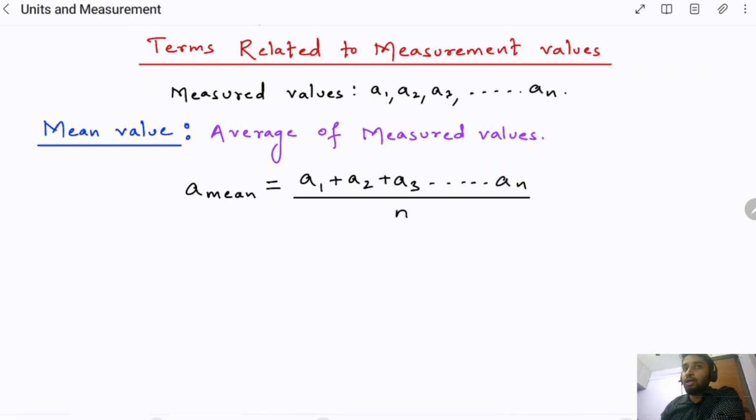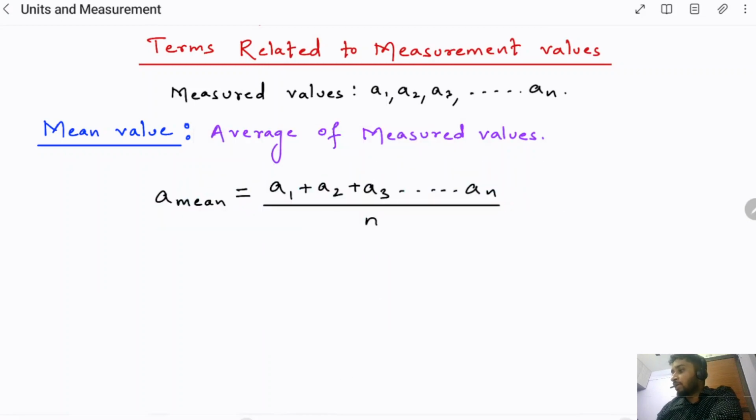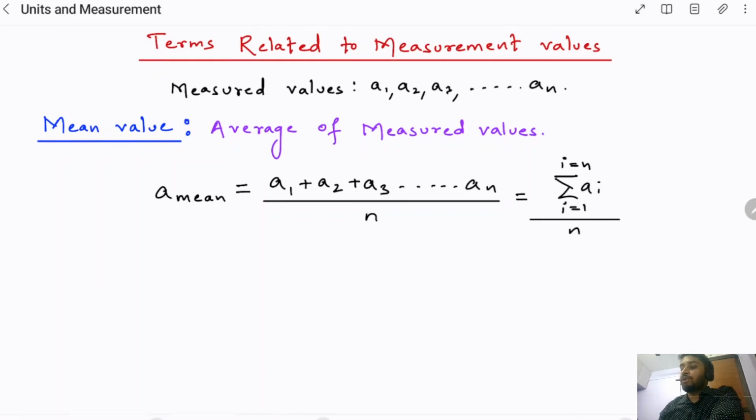We can represent this in terms of sigma as sigma ai, i equal to 1 to i equal to n, whole divided by n. So in the case of the time experiment, after I take a certain number of measurements, first I'll be calculating the mean value of time.